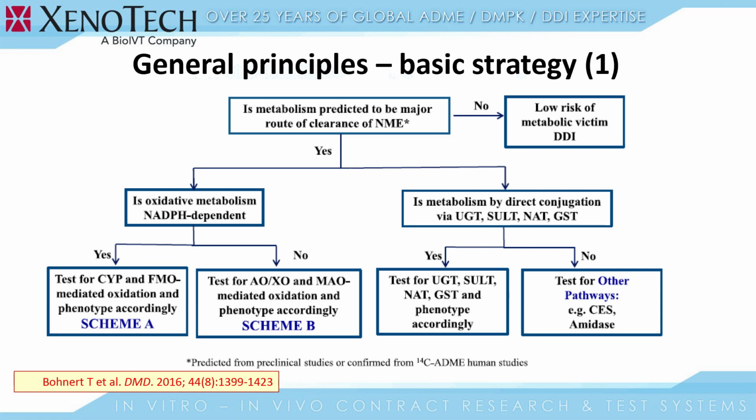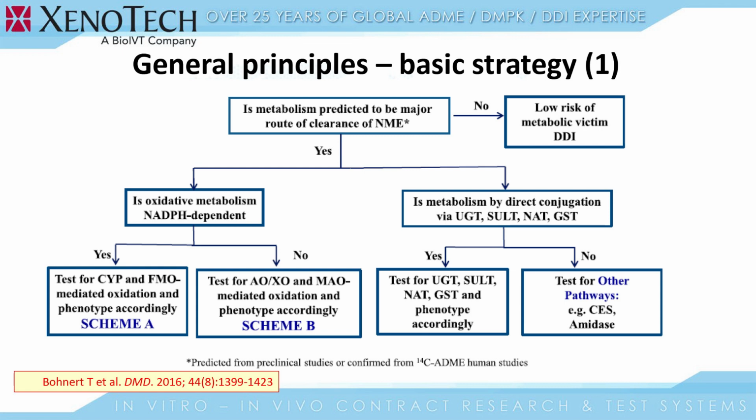So the first question that's asked is, is the metabolism of the drug predicted to be a major route of clearance? And if the answer to that is no, well, then there's a very low risk of that drug being a metabolic victim or involved in a metabolic drug-drug interaction with other drugs.